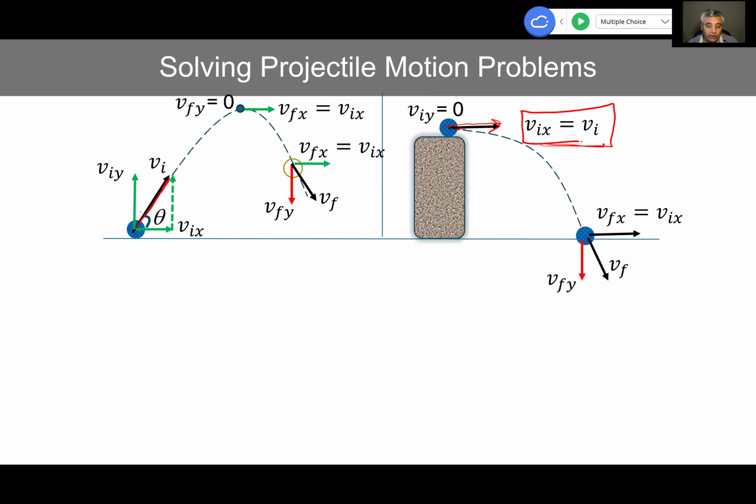There is no sine or cosine. And the velocity in the y direction at the beginning is 0 because you are just throwing horizontally, which means it does not have a component in this direction at the moment of throw. After we throw it, it starts drifting down, which means it now picks up velocity because it has acceleration downward, right?